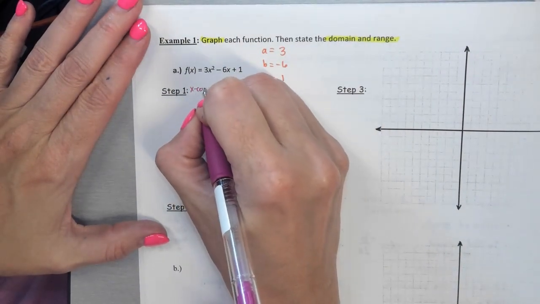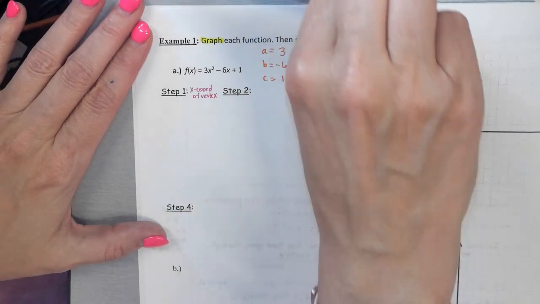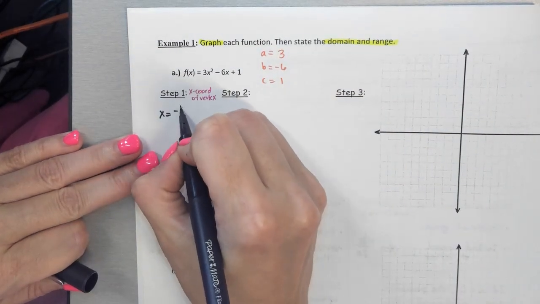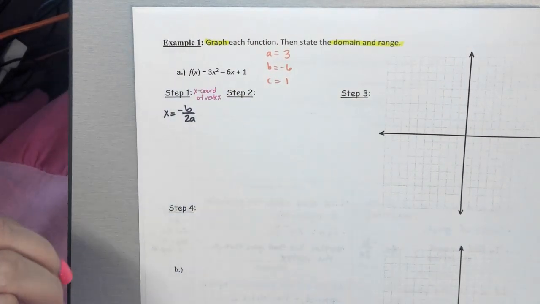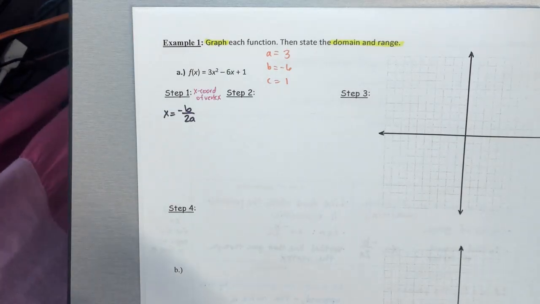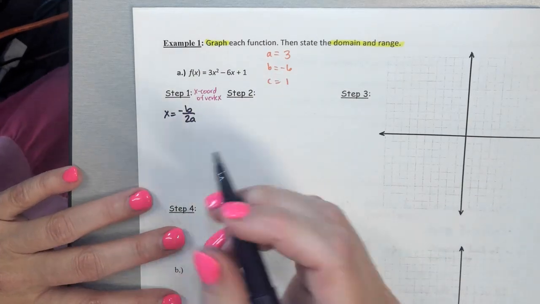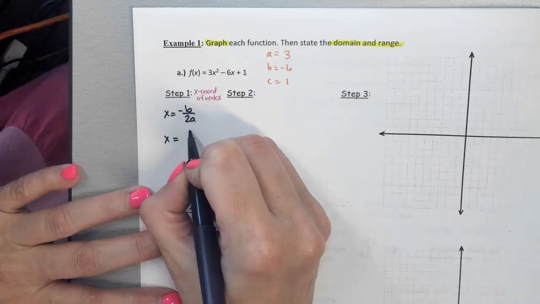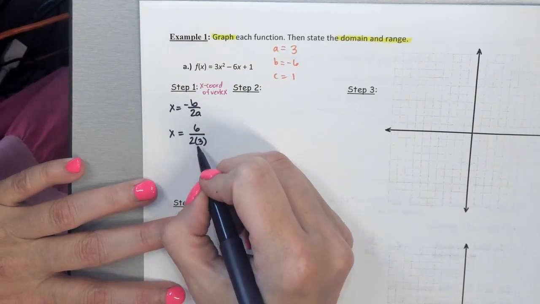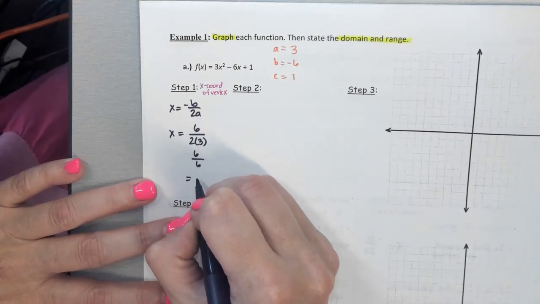So to find the x-coordinate of your vertex, we are going to use our equation. X equals the opposite of b over 2a. Okay, so like I told you, if it's a negative, if you do the opposite, it's going to be positive 6 over 2 times 3. This is going to be 6 divided by 6, and that reduces to 1.